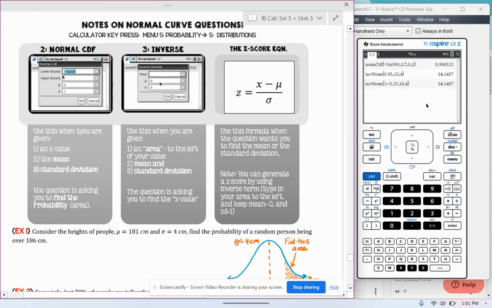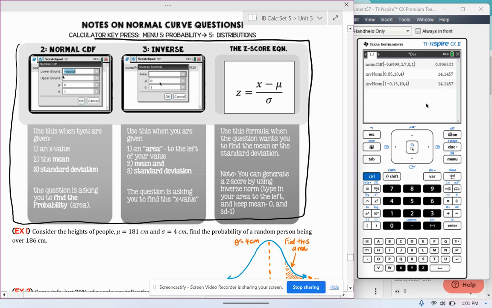Okay. This is just a nice little visual that summarizes when we use the two calculator functions that we just talked about, normal CDF and inverse norm. This one we're going to talk about more in class. This is when we standardize to go from a normal distribution to the standard normal distribution, which is where we have a mean of 0 and a standard deviation of 1.